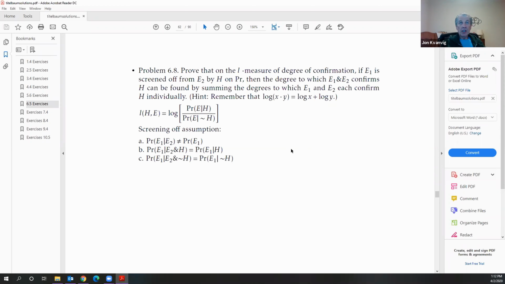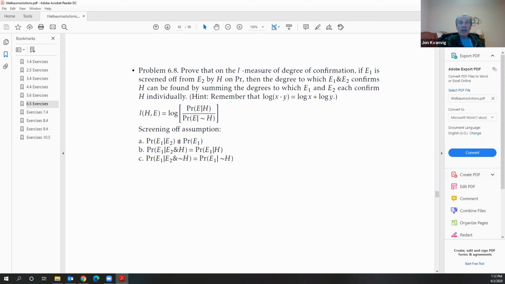So first, there's the log likelihood measure. The log likelihood measure on the degree of confirmation between E and H is the log of the probability of E given H over the probability of E given not H. And to remind ourselves, the screening off assumption has three features.